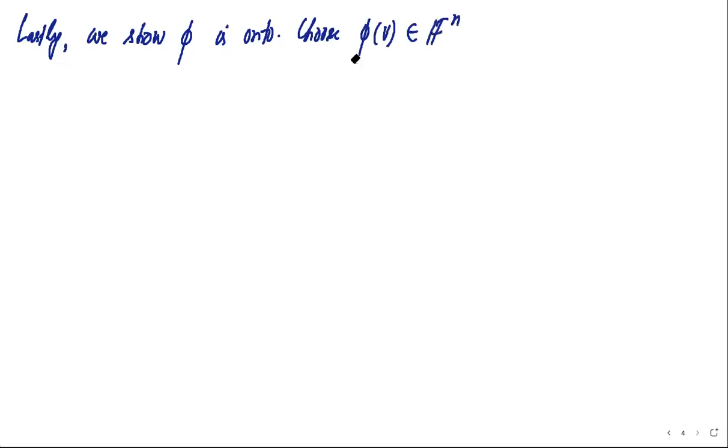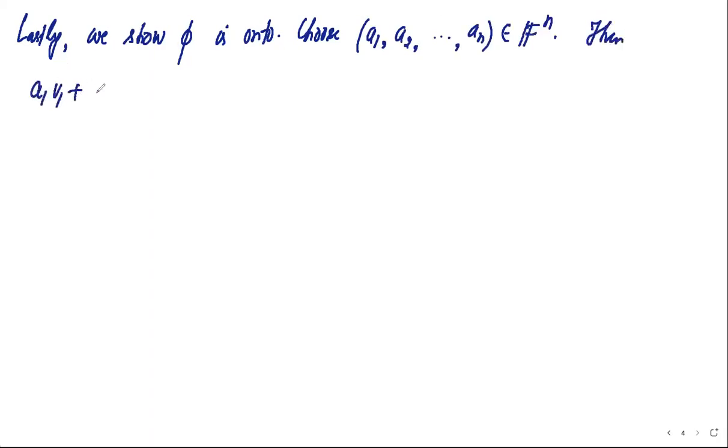If we write the representation of Fn, we will choose the coordinates this way. So choose some a1, a2, so on an belonging to Fn, then a1 v1 plus a2 v2 plus so on plus an vn. This element belongs to V because it's a linear combination of basis vectors Vi, or any vectors from V, over the scalars a1, a2, an from the field F.